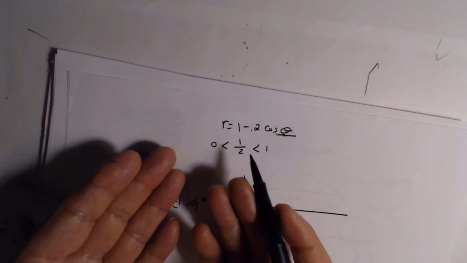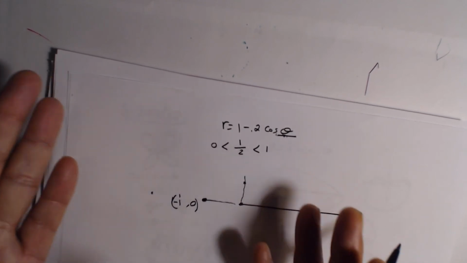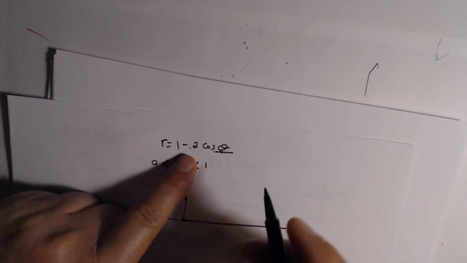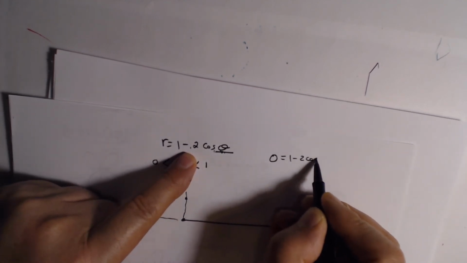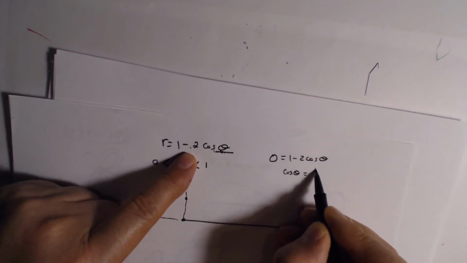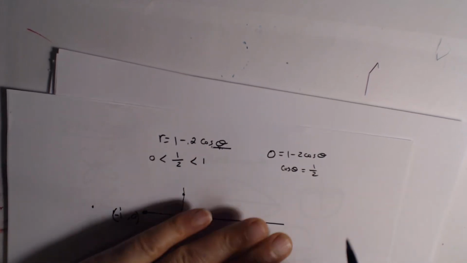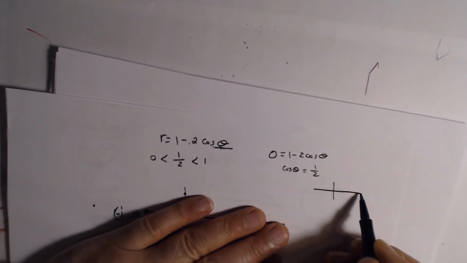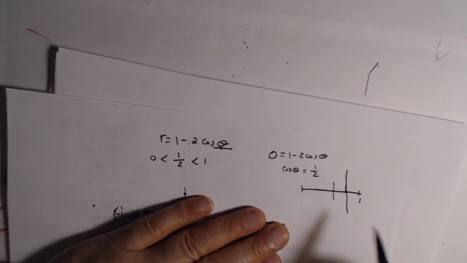Then I have to determine when I am going to pass through the pole, because with all these 4 points I'm confused. Let's do it. Set r equal to 0: 1 minus 2 cosine theta, and 2 cosine theta is 1, so cosine theta is 1/2, because this comes to this side and becomes positive. And the cosine corresponds to x. The maximum the cosine takes is 1. 1/2 is right here.